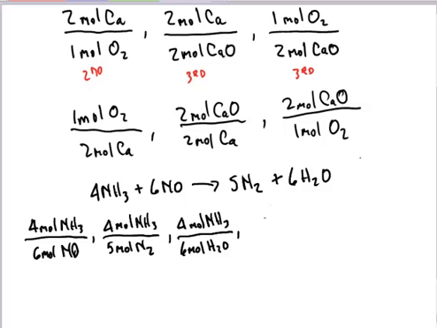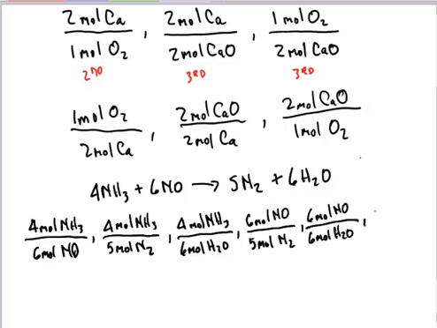Then I'm going to go to my second one, 6 moles NO to 5 moles of N2. Okay, so I'm doing second to third and then second to fourth. 6 moles NO to 6 moles H2O. And then my last one will be third to fourth. 5 moles N2 to 6 moles H2O.